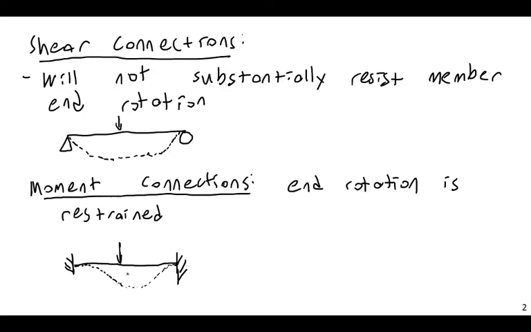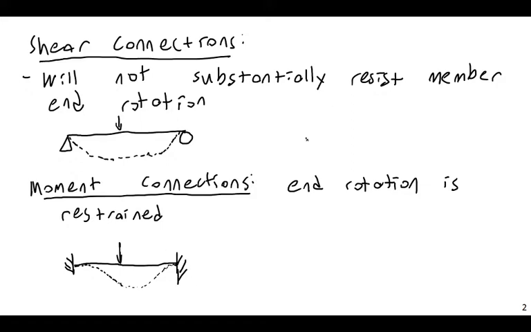You'd have concave up, concave down, concave down. You have more than one area of concavity along the beam, and this is necessitated by having the fixed connections at either end of the beam.